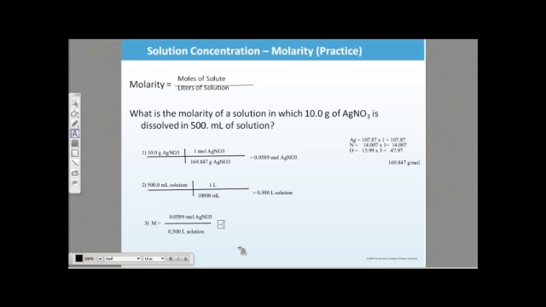And that would give us a final answer of 0.118 molar AgNO3. Remember, make sure you include the compound formula there so we know what compound we're working with. Okay, and so that's how we do molarity.